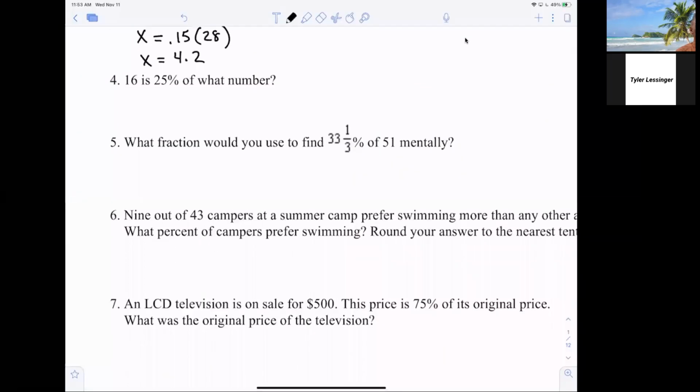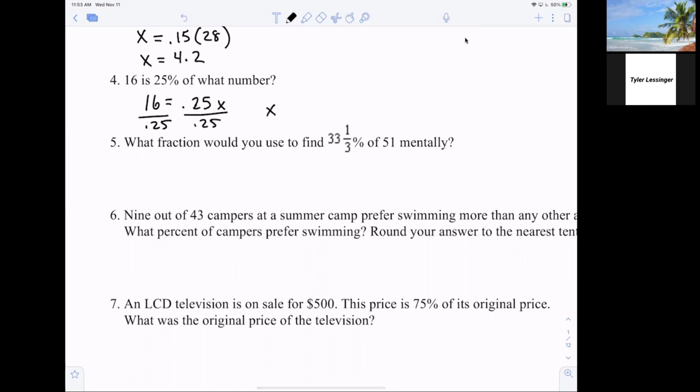Number four. So for number four, 16 equals 0.25 times x. Divide both sides by 0.25. So x is equal to 64.